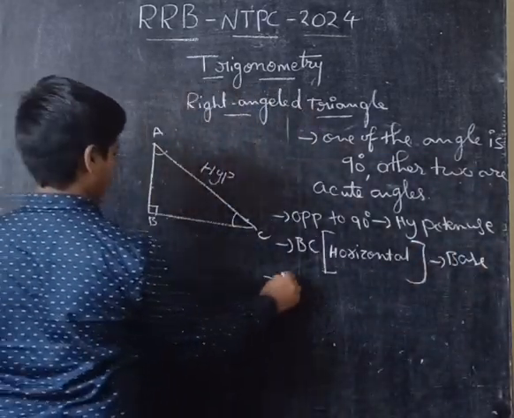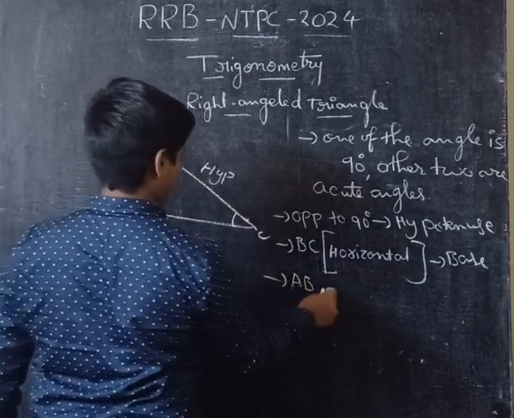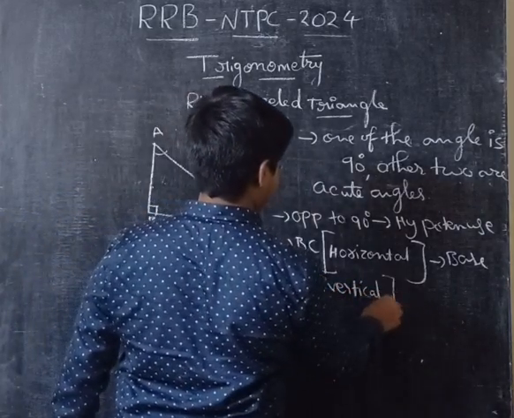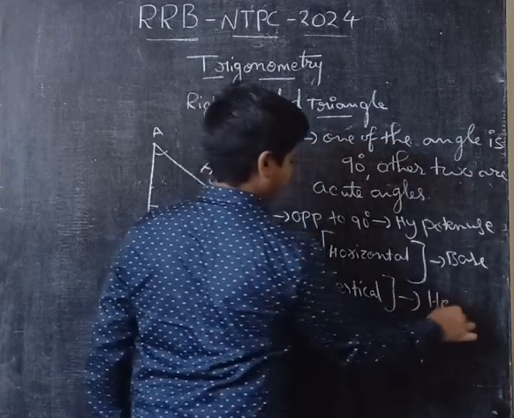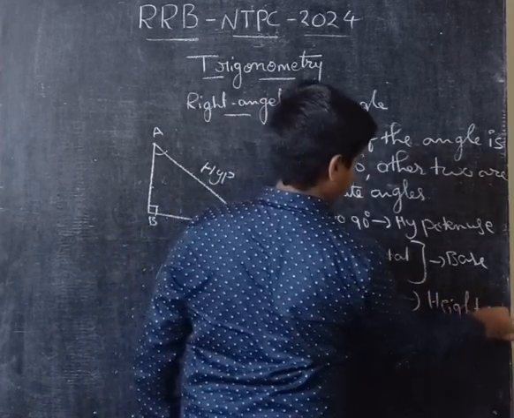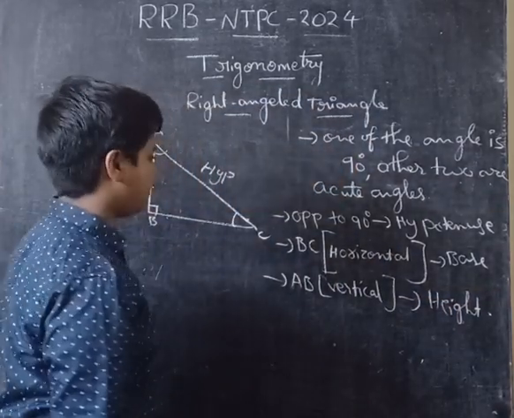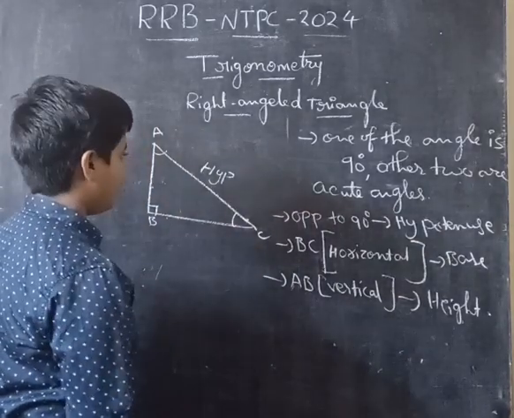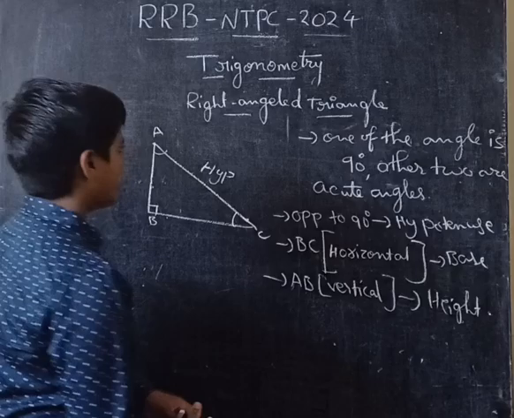And the AB, the vertical line, is known as height. Okay, so this is the main topic, right angled triangle. On the basis of the right angled triangle, trigonometry depends.